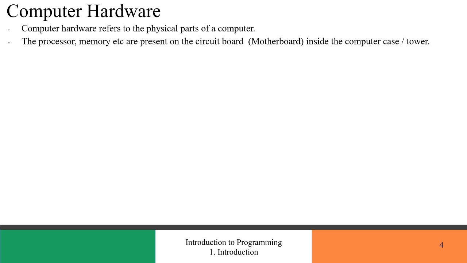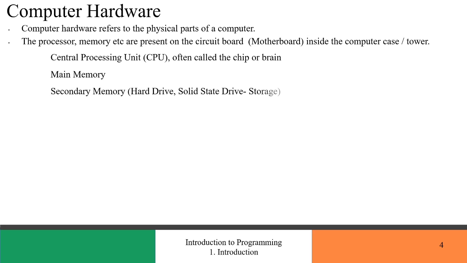The motherboard is the circuit board, which is a key component of the computer case or tower. The components of the computer, like the processor, memory, and so on, are present on the motherboard. The different parts inside the computer case include the CPU, often called the chip or the brain of the computer, and the main memory, which is responsible for performing instructions.